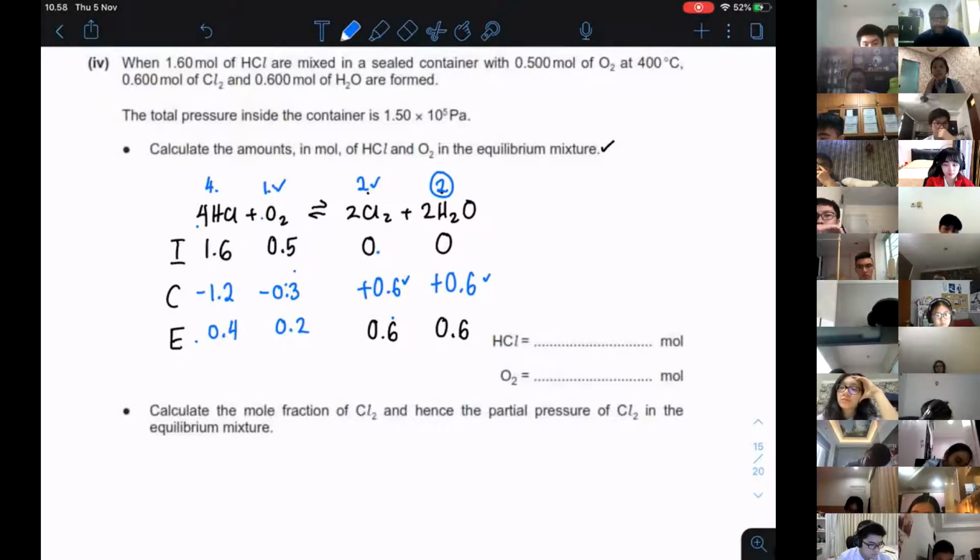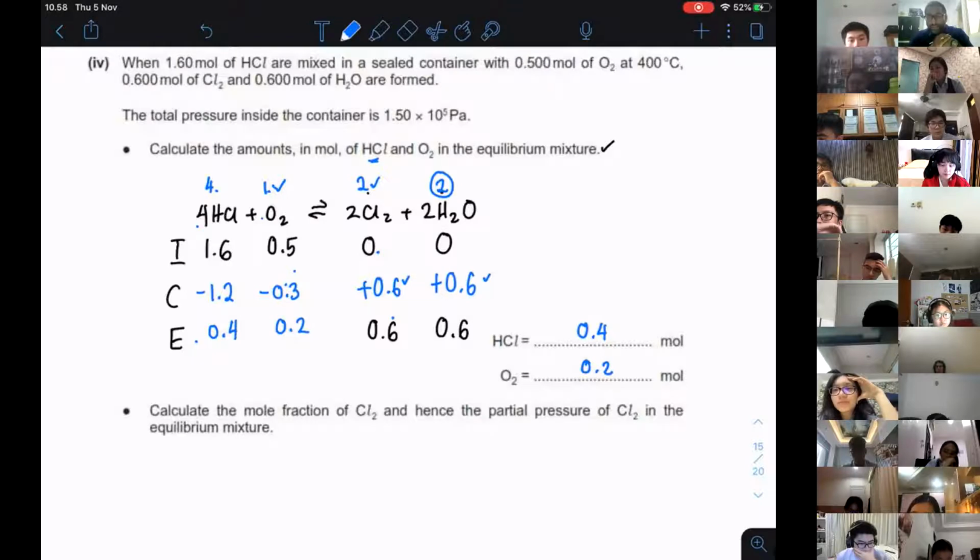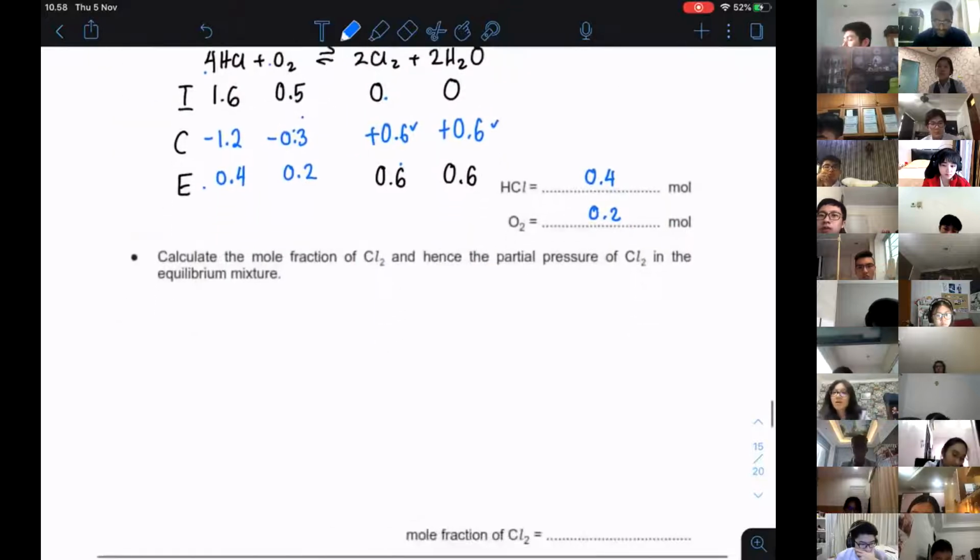I have calculated the number of moles of HCl, which is 0.4. How about O2? 0.2. Done, yeah? So you have to use the ICE: initial, change, and equilibrium.